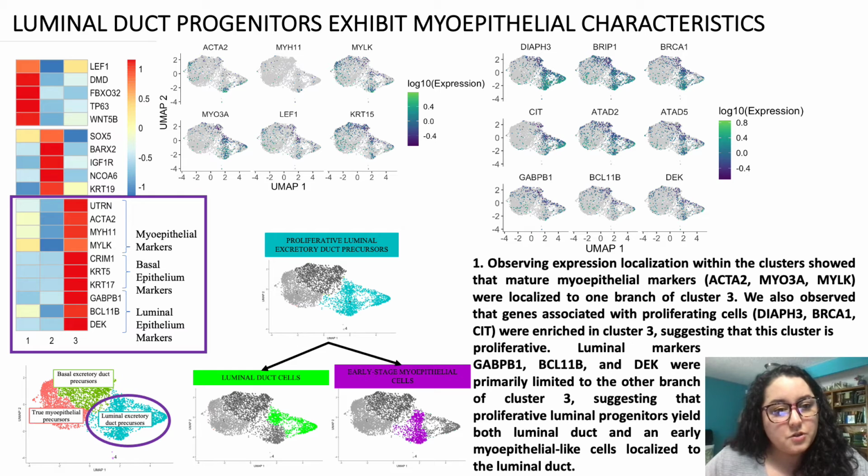We also observed that this whole cluster was quite enriched in genes associated with proliferating cells, suggesting that this then represents not only luminal excretory duct progenitors, but proliferative luminal excretory duct progenitors, and that these little arms could be divided into luminal duct cells, and then this early stage myoepithelial like group of cells.